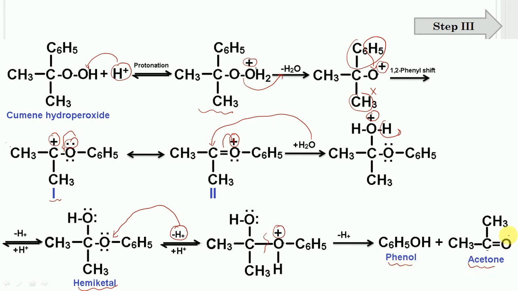So it is the third reaction, involving acid catalyzed rearrangement of cumene hydroperoxide to the final product, that is phenol. So it is the first method, preparation of phenol from isopropyl benzene.